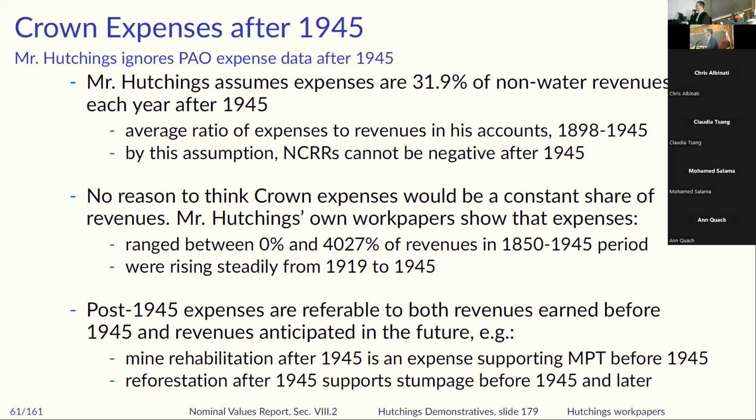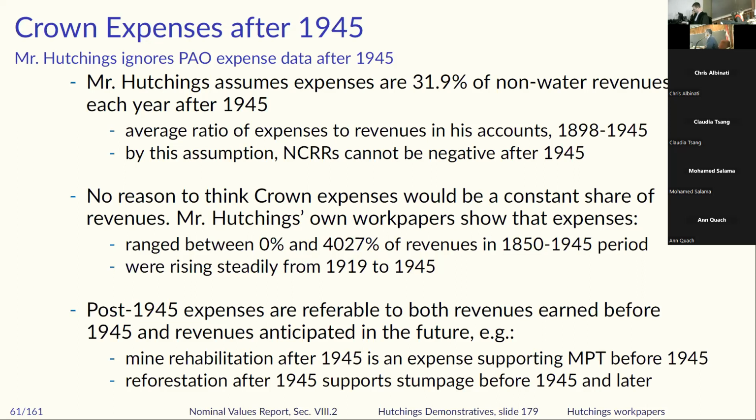Or, well, is it not the result of taking a 31.9% view of expenses? Well, yes, it is, but it's a result that flows immediately from that assumption with no steps in between.